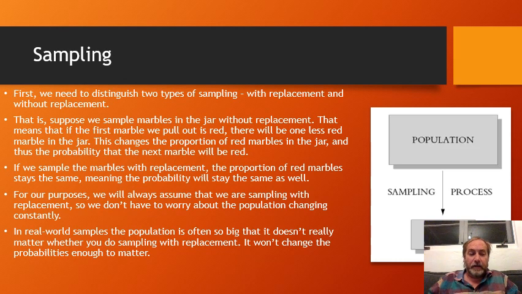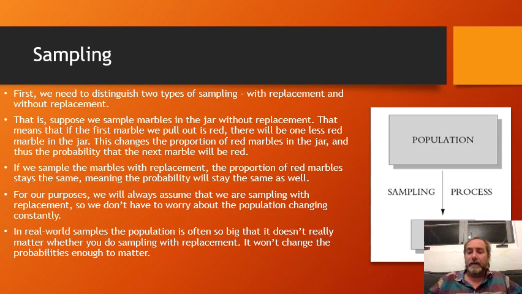And it translates even to real world samples where you're actually not doing replacement, but the population is so big, and the sample size is so big, that it doesn't really matter.